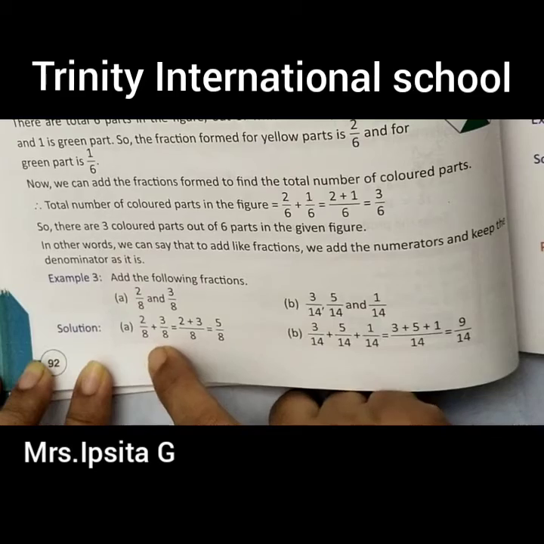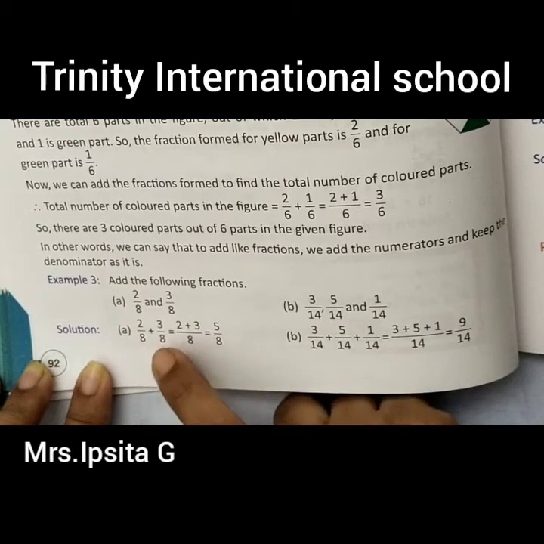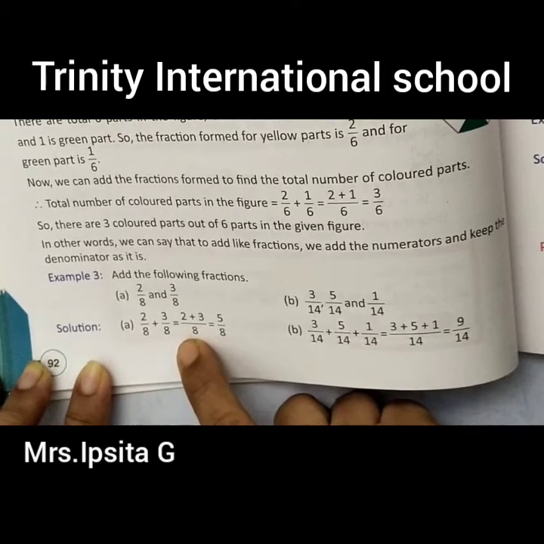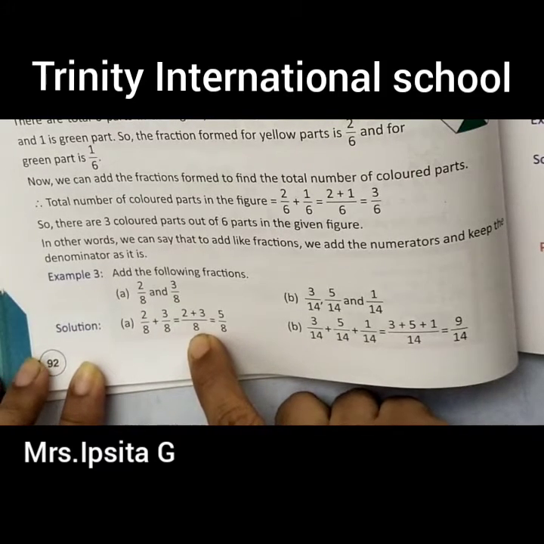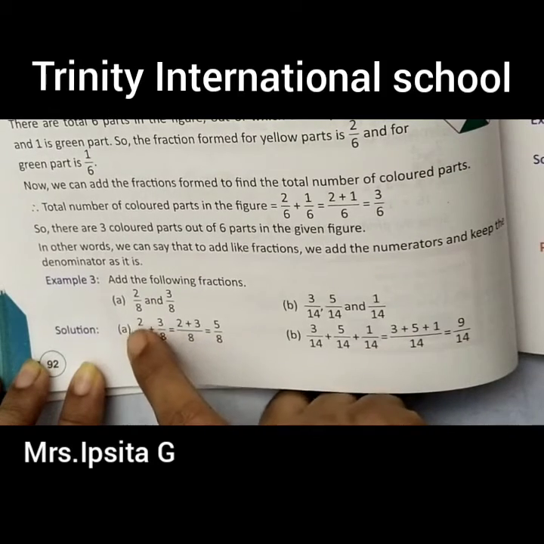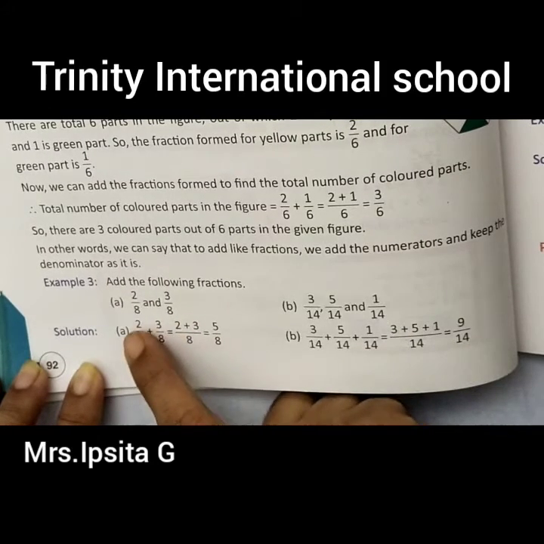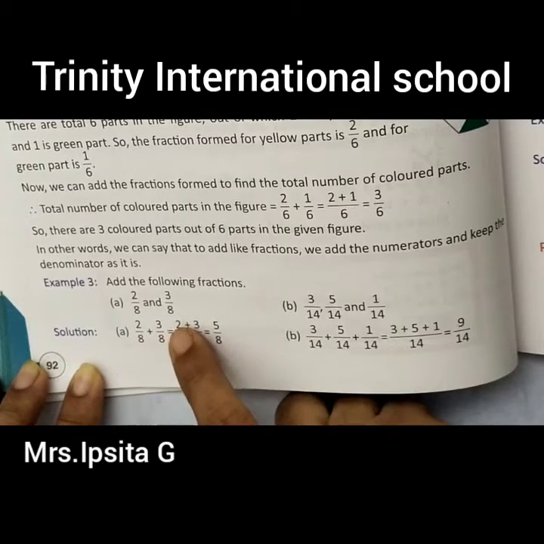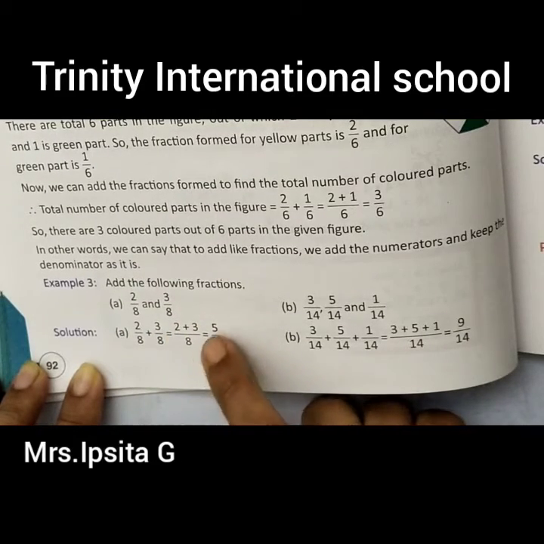Now you can see here this 8 and 8. So what they have done, we have to take 8 as common. यहाँ पर एक ही 8 आपको डिनोमिनेटर में लेना है, और उसके बाद जो आपके पास न्यूमरेटर है that is your 2 and 3, that 2 plus 3 will give you 5.